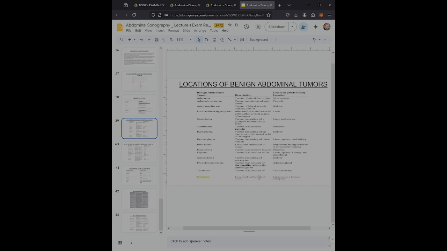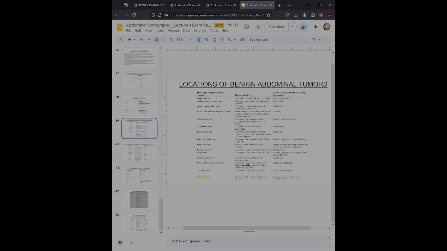Gastrinomas, these are tumors that secrete gastrin. They are seen in the pancreas. Hamartomas are tumors consisting of an overgrowth of the normal cells of an organ, and these are seen in the kidneys. Hemangiomas are tumors that are highly vascularized, consisting of blood vessels, and these are seen in the liver, the spleen, and the kidney.